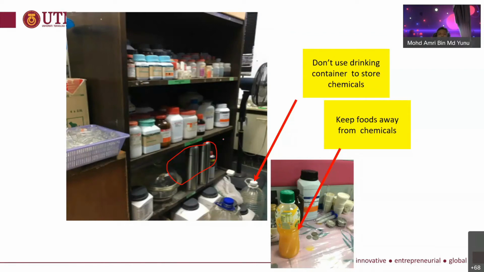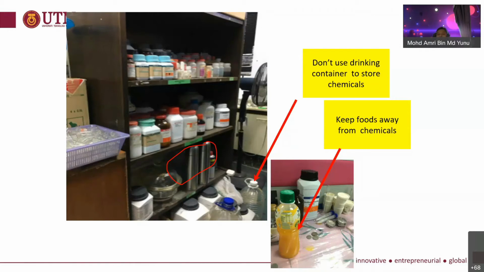You never know. Sometimes you use it to put chemical and then you clean it, and then it's empty, it's dry. Only you know that container has been used for chemical. But when someone found it and then okay, alamak, this is very nice, I want to use it for my coffee or so on. So be careful.